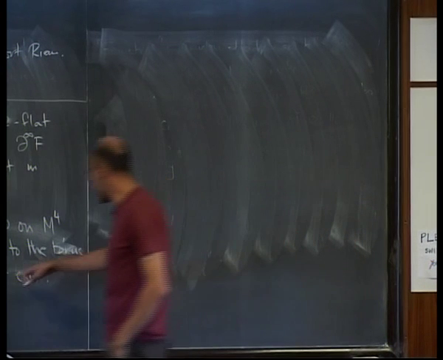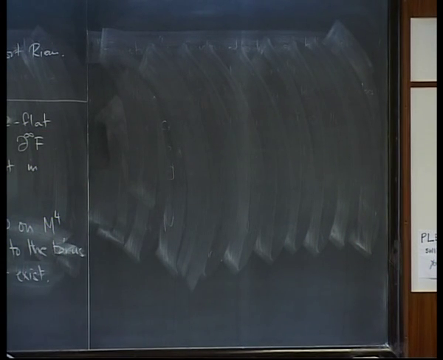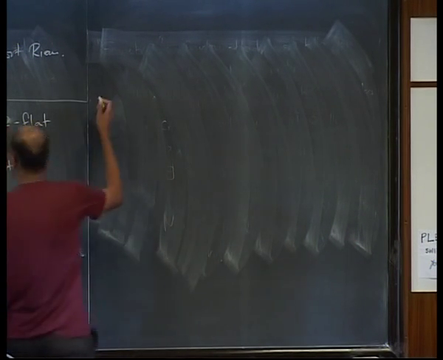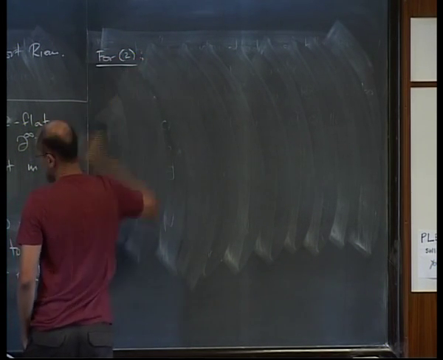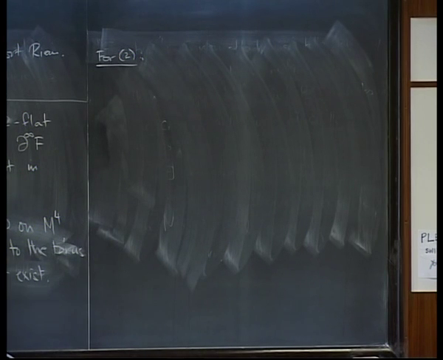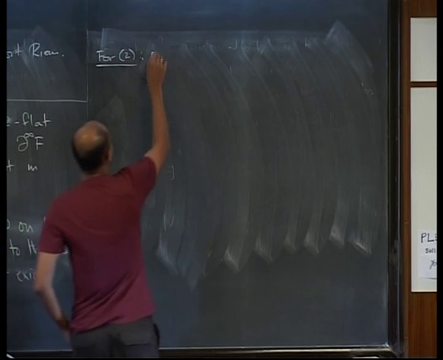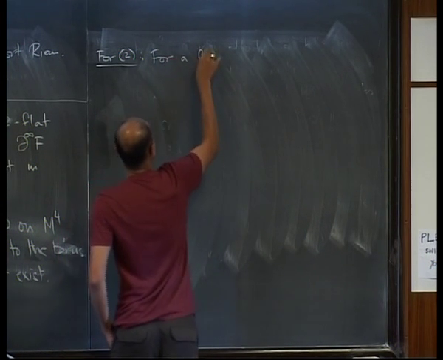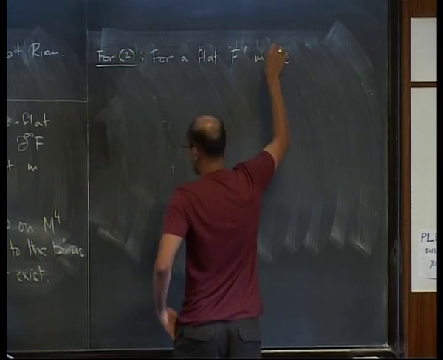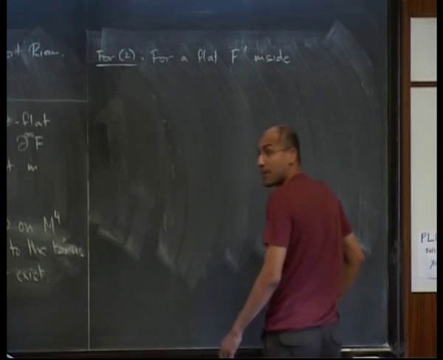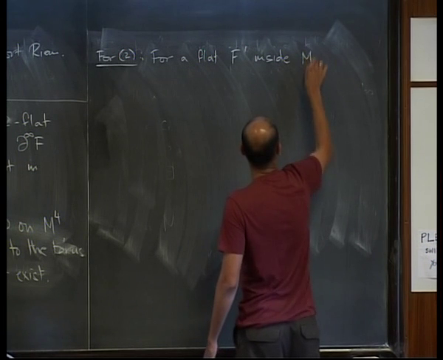So why can it not exist? Well, on the one hand, for 2, if you have a flat inside a Riemannian manifold, so for a flat f prime inside, now M4 is assumed to have Riemannian non-positive curvature.